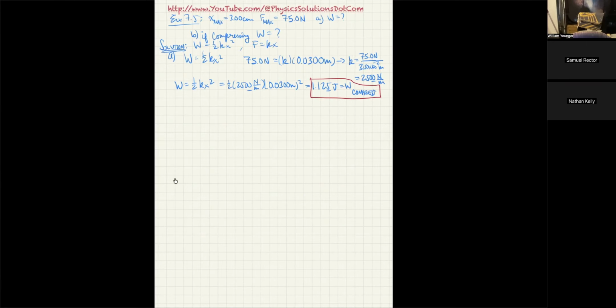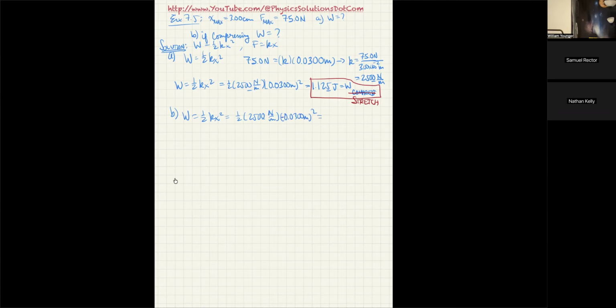Now, for part B, it's the same thing, except the first one was stretching, the second one was compressing. Compressing gives the same formula. So work is equal to 1/2 kx squared, which again is 1/2 times 2,500 newtons per meter times 0.0300 meters squared.